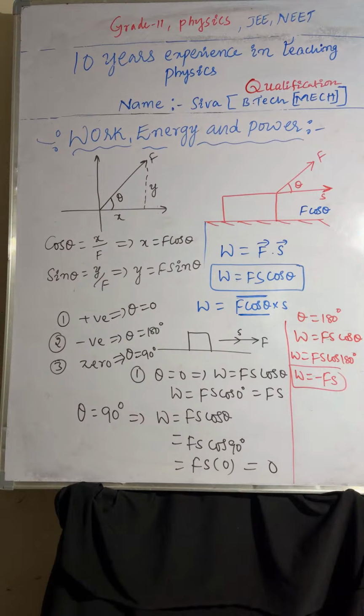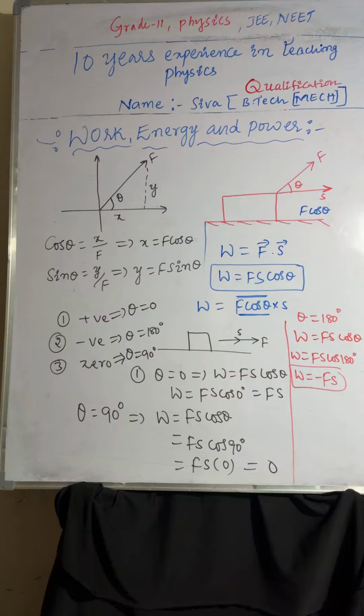Positive work done, negative work done, and zero work done. When force and displacement are acting in the same direction, work done is positive. When force and displacement are perpendicular to each other, the angle is 90 degrees, then work done is 0, because cos 90 is 0.